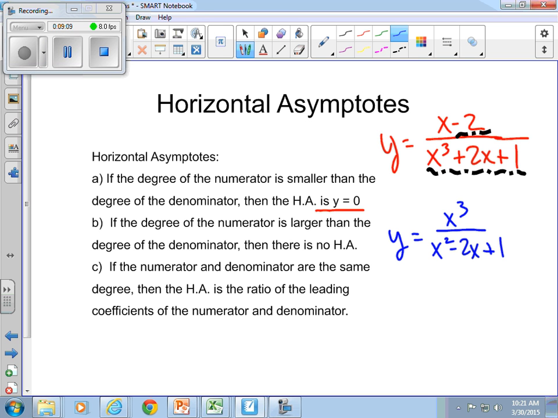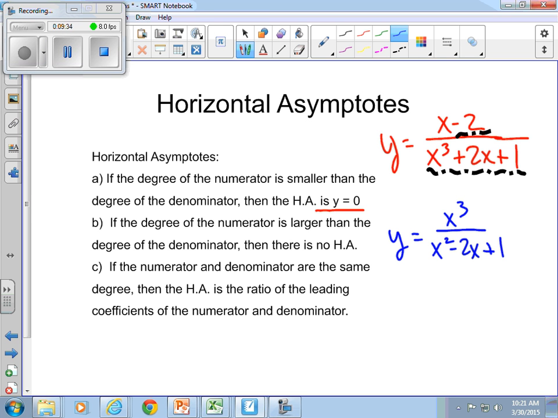In fact, if you took pre-AP Algebra 2, you found slant asymptotes. We're not going to do that in here. We don't have to go to quite that depth, but that actually approaches a slanted line, not a horizontal line. So if the degree of the numerator is larger than the degree of the denominator, there's no horizontal asymptote.